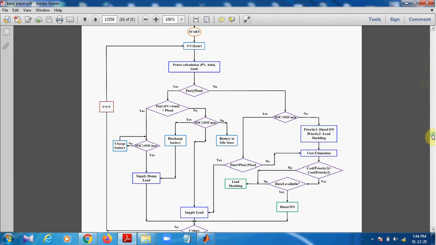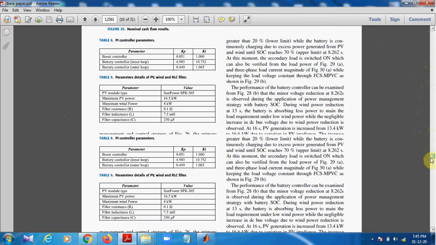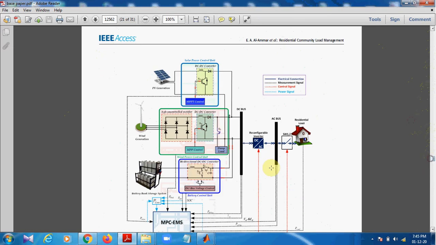This is the section where MPC control takes the decision based on the power supply, that is load requirement and available sources. So we are going to analyze various aspects of this section.